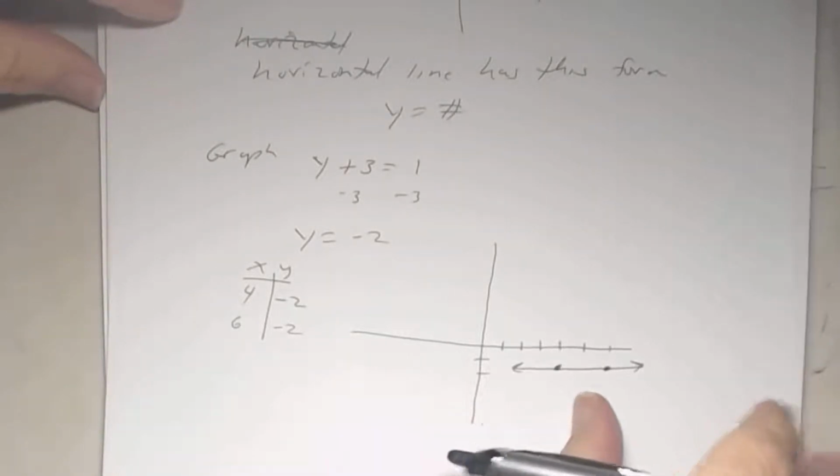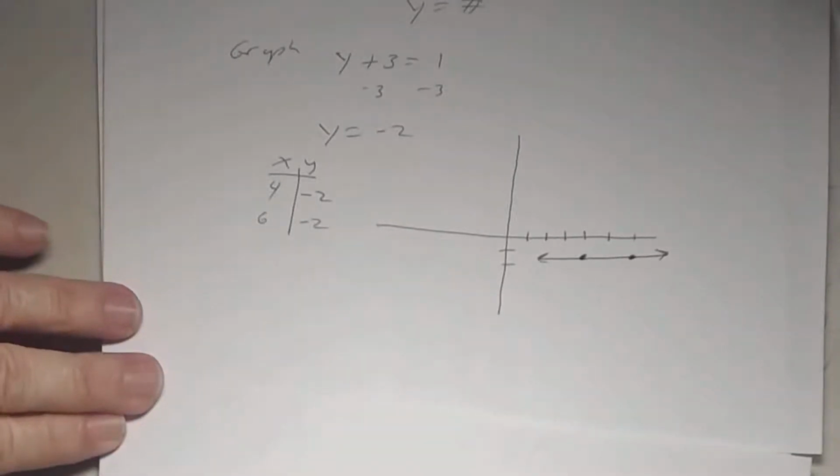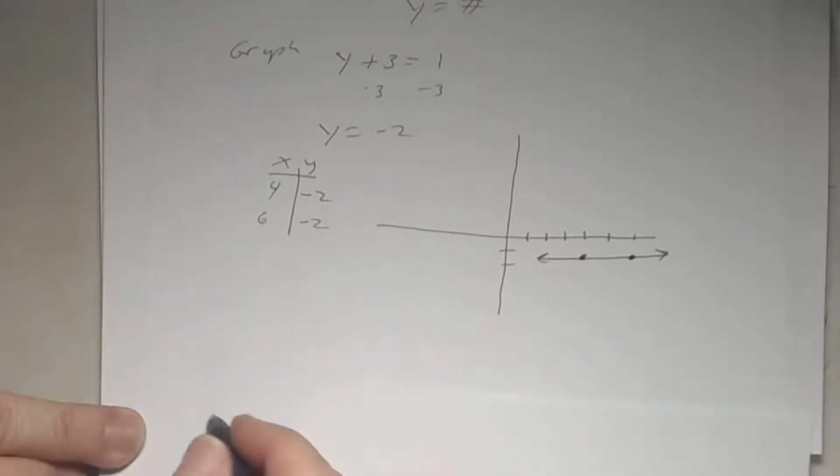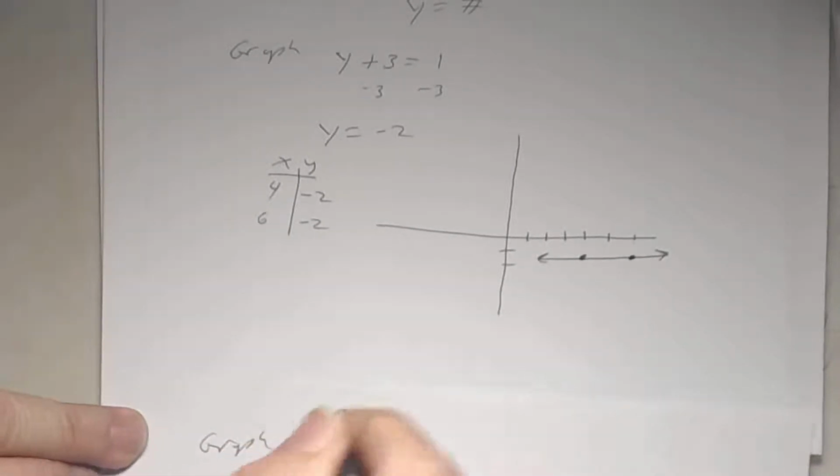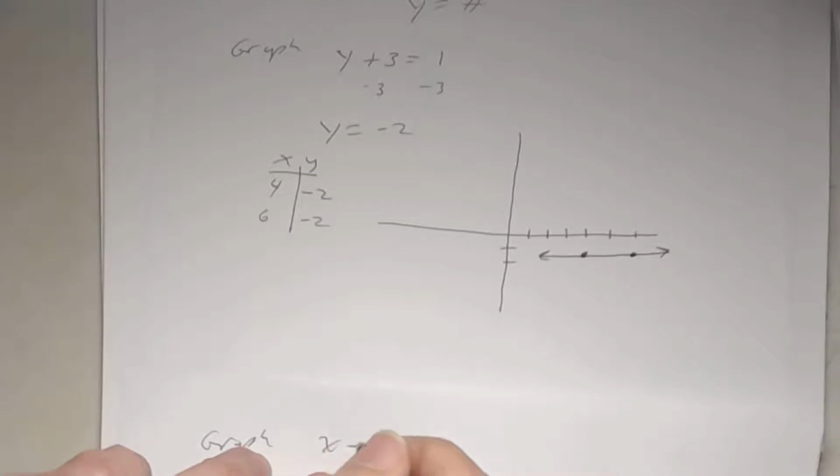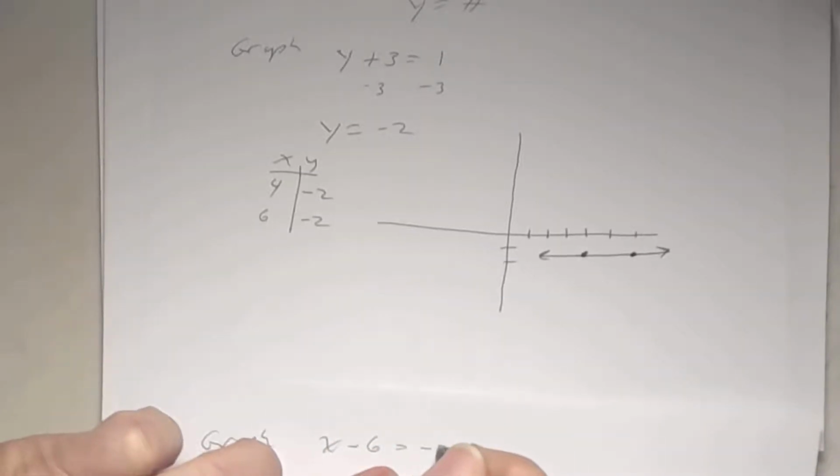So on my math lab, you're going to see one like this where only one variable shows up, but it's not by itself. So it could have easily been something like graph x minus 6 equals negative 1.